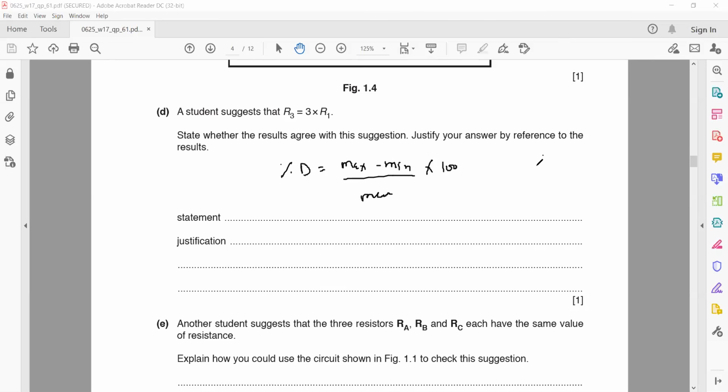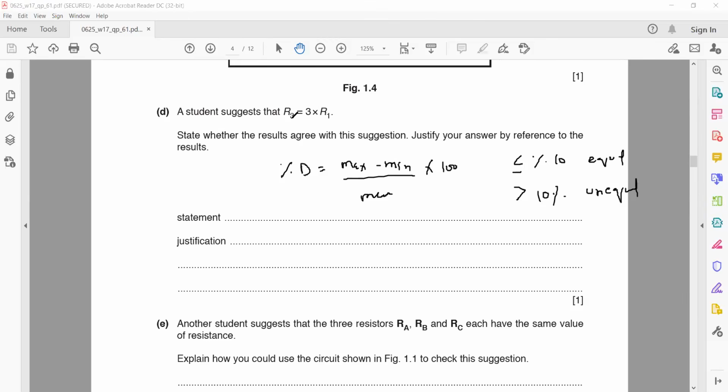If the percentage difference is less than or equal to 10%, we will say the two values are equal. But if the percentage difference is more than 10%, then we will say the two values are unequal. This is also a way to identify whether two values are equal or not.